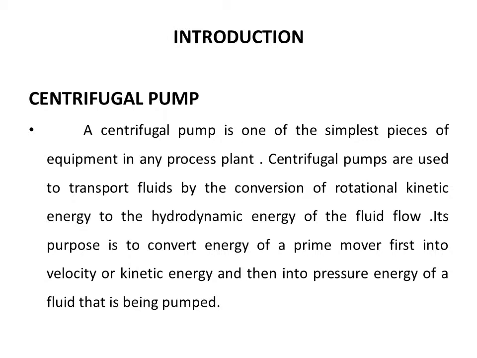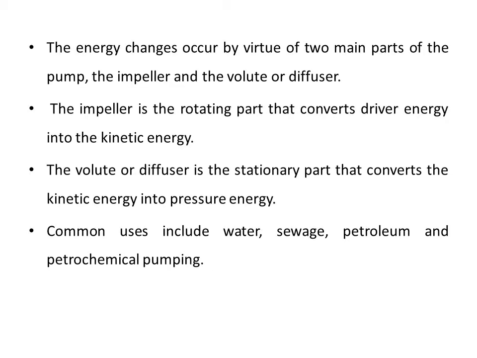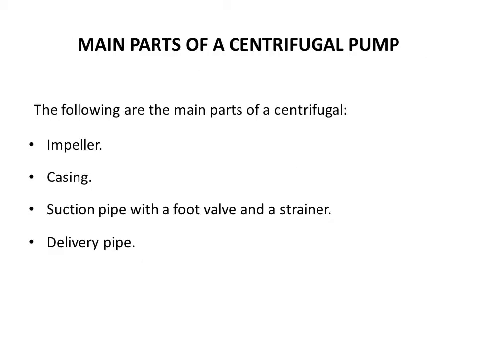Its purpose is to convert the energy of a prime mover first into velocity or kinetic energy in the pump. The energy changes occur by virtue of two main parts of the pump, the impeller and volute or diffuser. The volute or diffuser is the stationary part that converts the kinetic energy into pressure energy. Common uses include water, sewage, petroleum and petrochemical pumping.